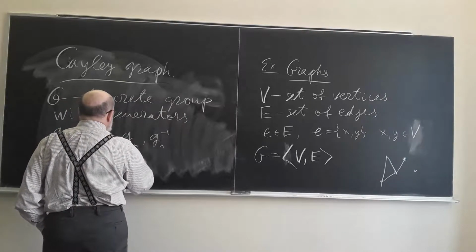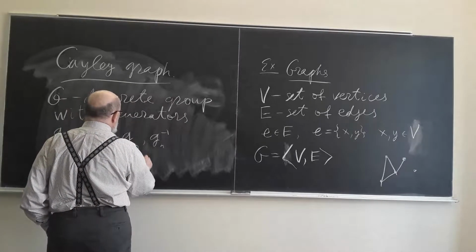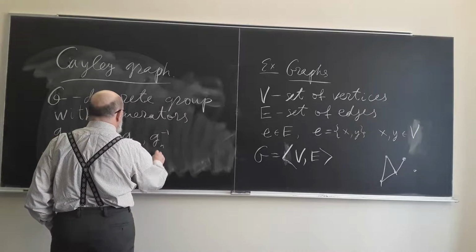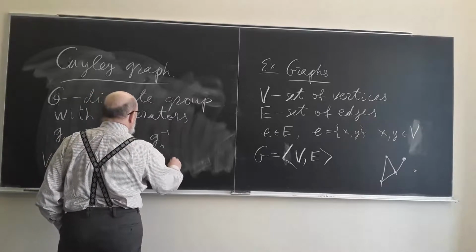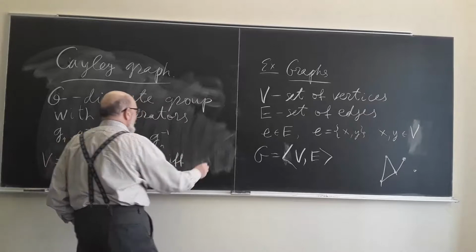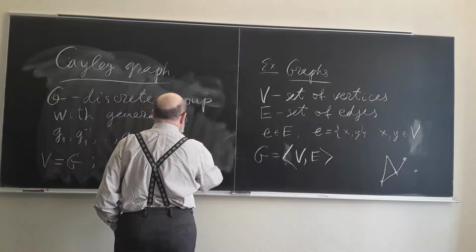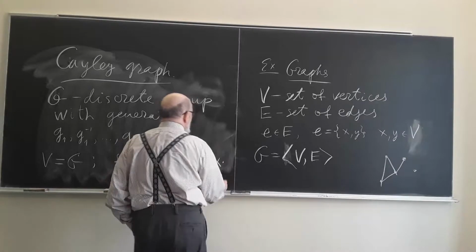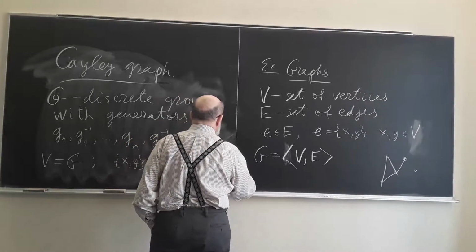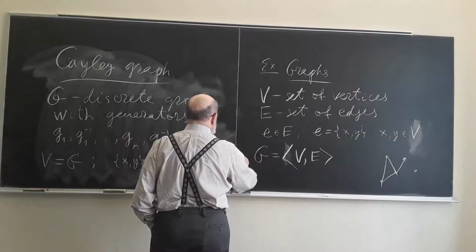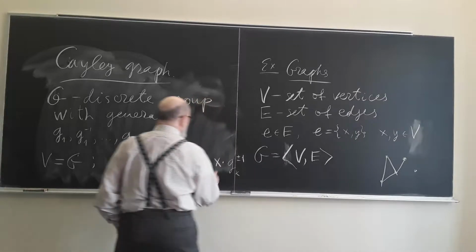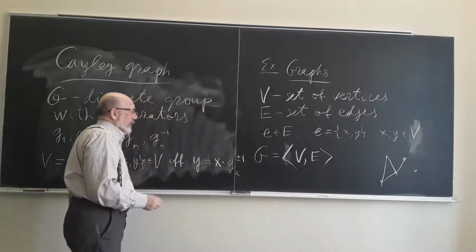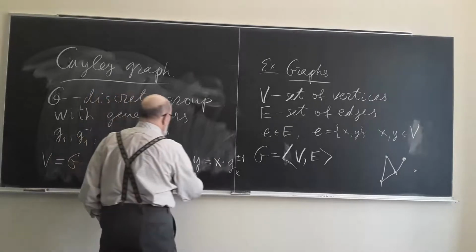So x, y in V if y equals x times gk, plus minus 1, either gk or gk minus 1 for some k.